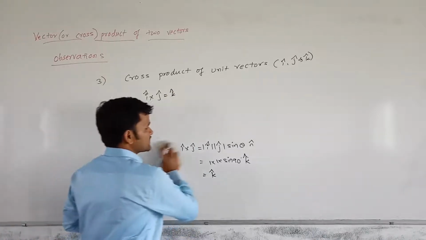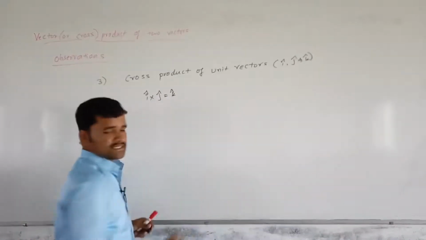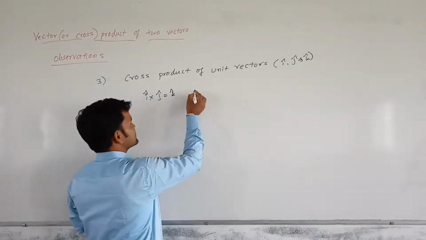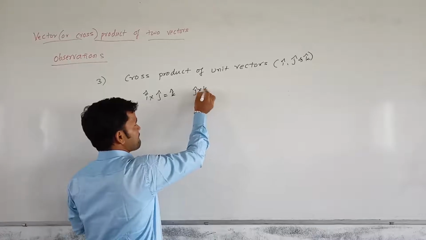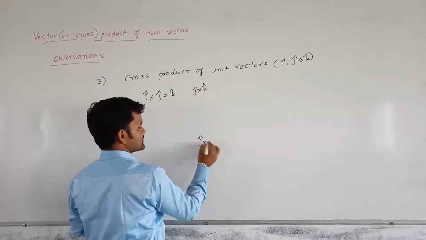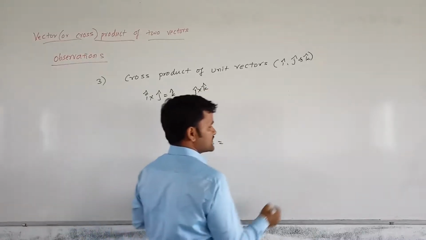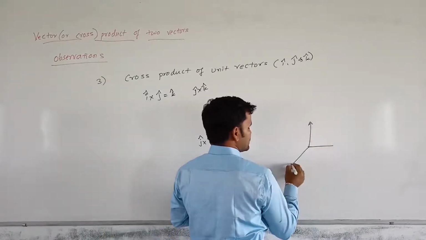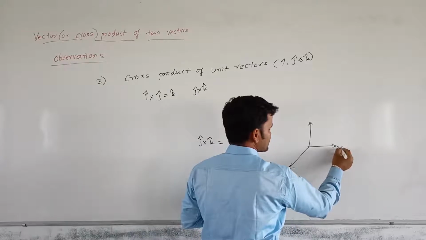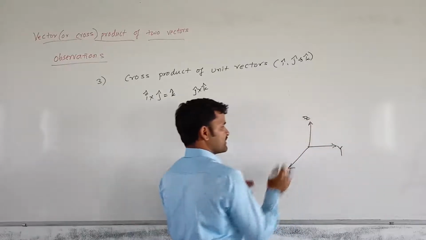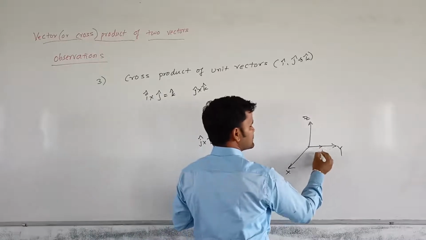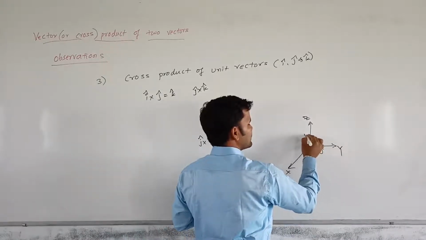In the same way, what will be j cross k? Let me write the diagram once again. This is the x axis, this is the y axis, this is the z axis. All are perpendicular to each other. J cross k: here will be j and here will be k.